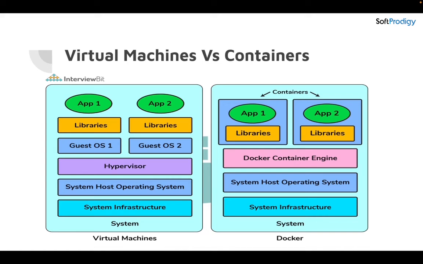Whenever you install an operating system into the hypervisor, it takes a lot of space and memory, and it is obviously very heavy to run an application in a single virtual machine. It is also very difficult to switch between virtual machines at the same time. So there were so many drawbacks.